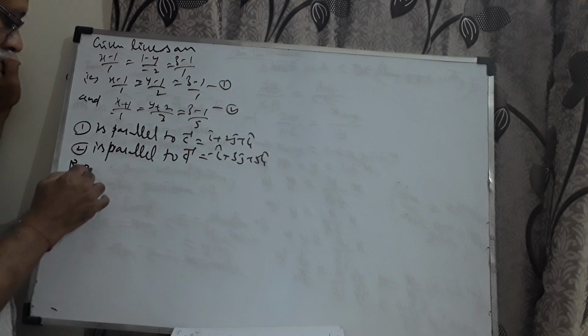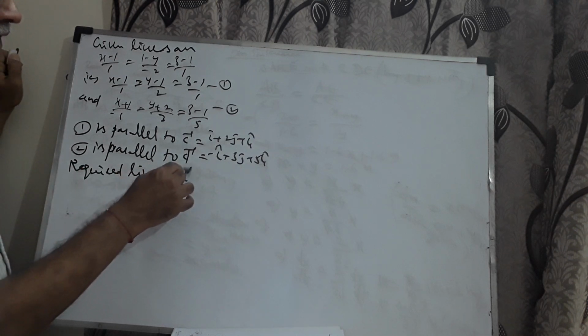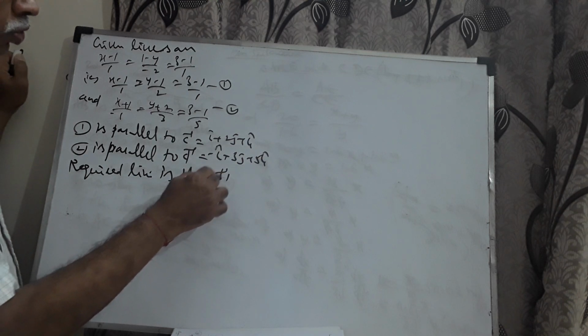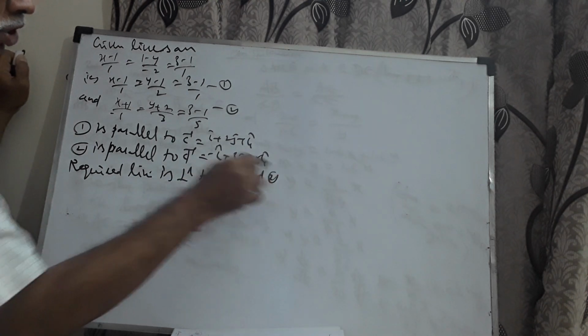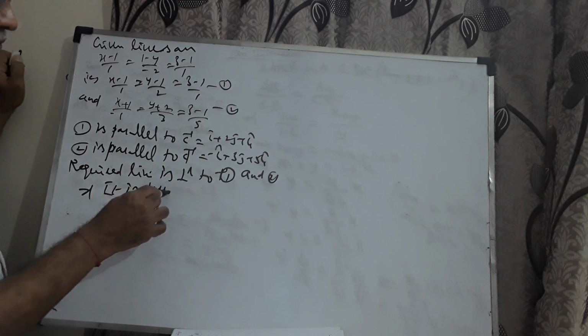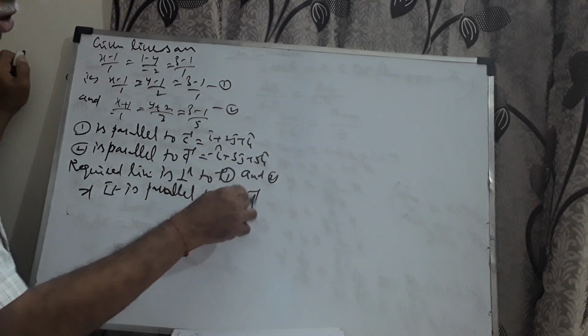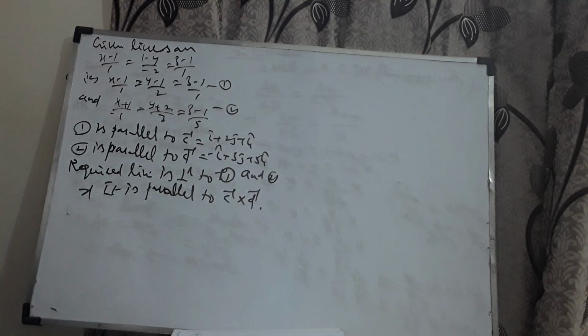Now the required line is perpendicular to 1 and 2. Perpendicular to 1 and 2 implies it is parallel to c cross d. The vector which is perpendicular to c vector and d vector will be along c cross d because of the definition of cross product.